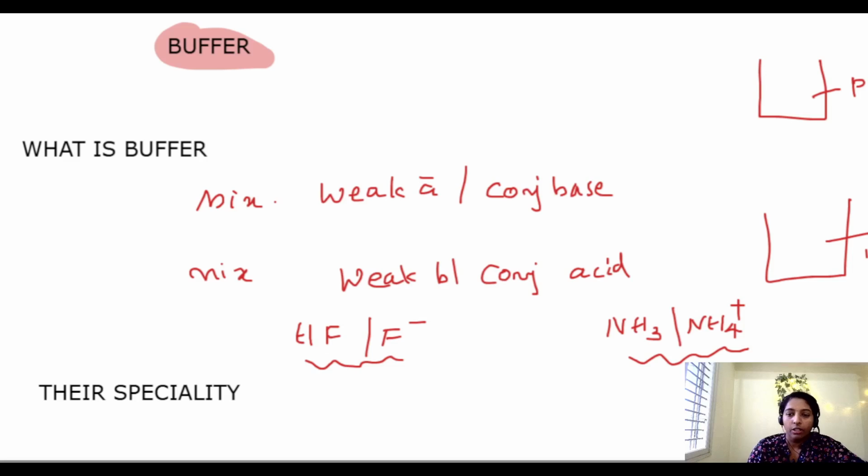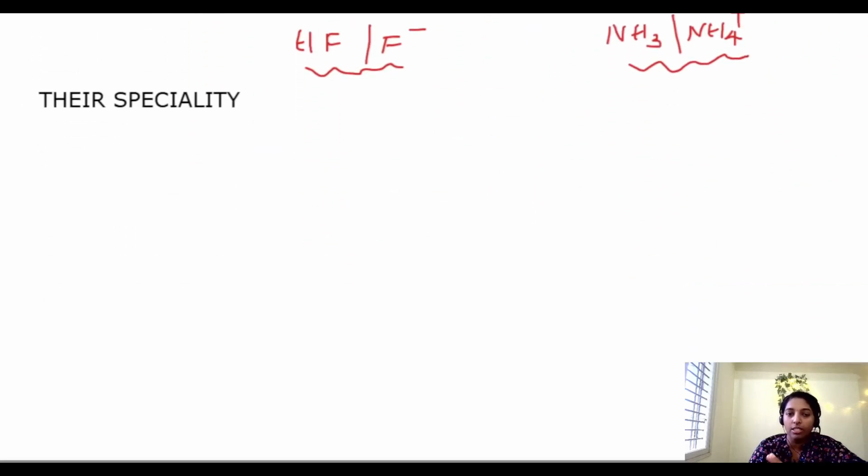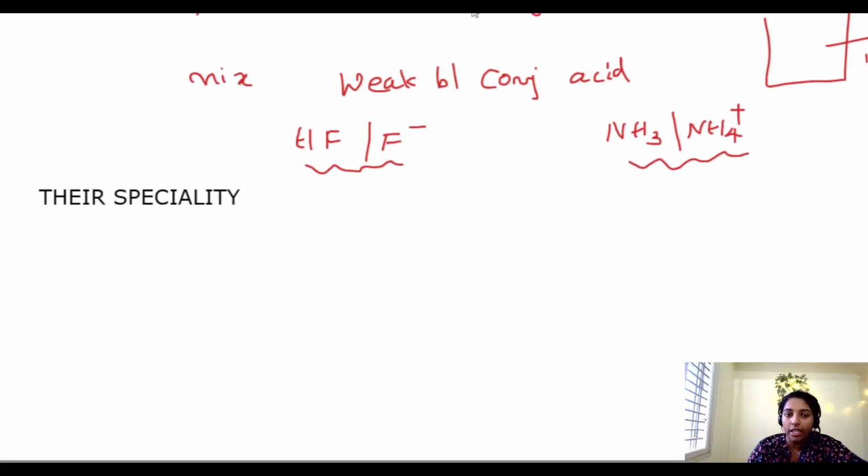And while I discussed this topic with my students, some of them asked why all weak acids cannot act like a buffer, isn't it? Did you also feel like that? Their doubt is about HF. HF is actually always in an equilibrium state, right? So it has some H plus and F minus.